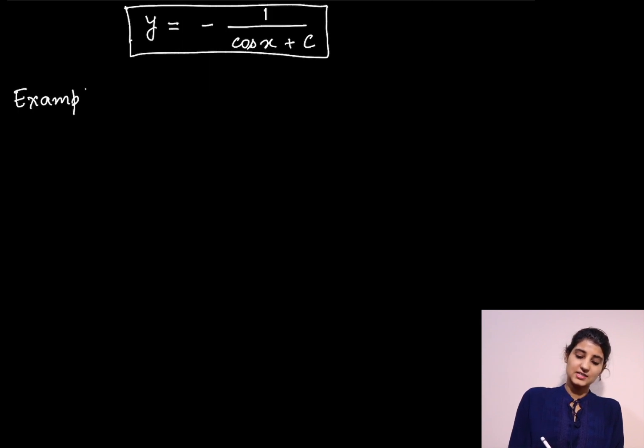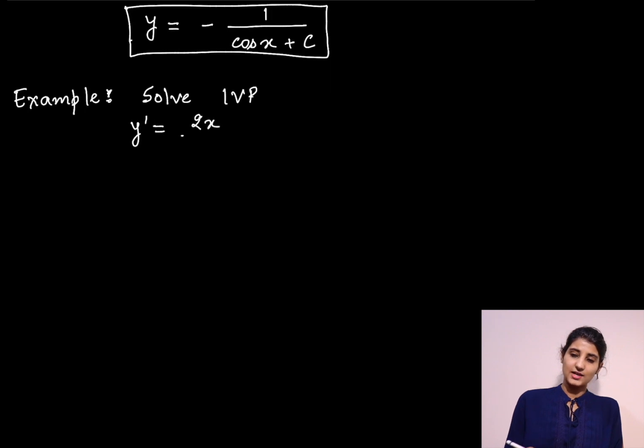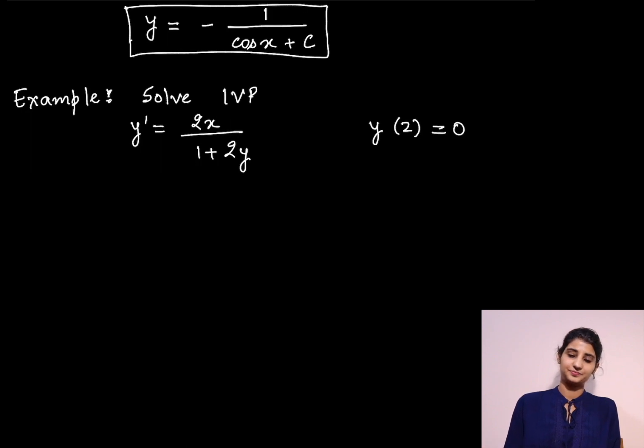So in our next example, we will see a differential equation with some initial conditions, which is an initial value problem. We call it an initial value problem. So suppose y prime is equal to 2x divided by 1 plus 2y, and the value of y at x equal to 2 is 0.